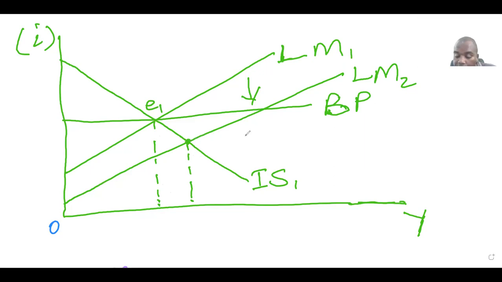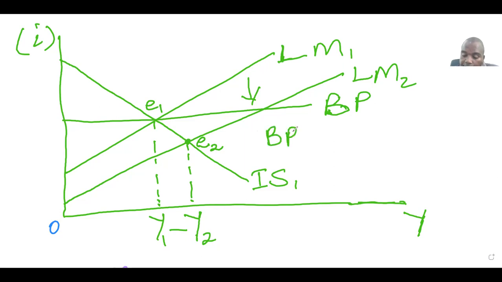When we are looking at LM2 and IS1, again, we have got an internal equilibrium, which is associated with a higher level of national income of Y2. But this higher level of national income is coming at the opportunity cost of a balance of payments deficit.